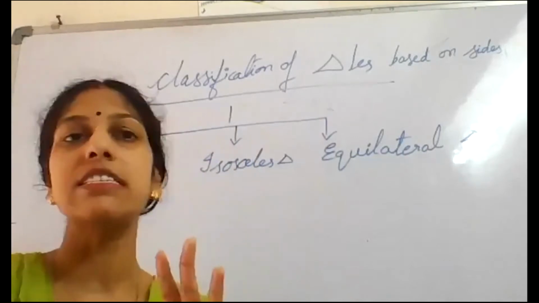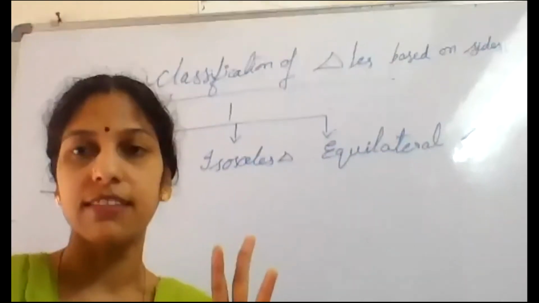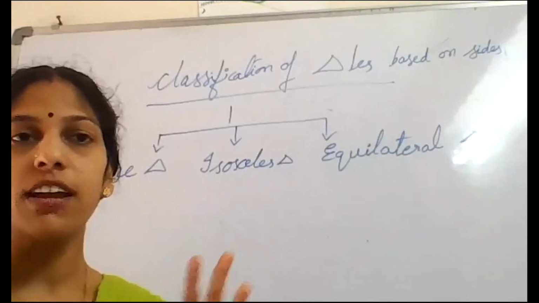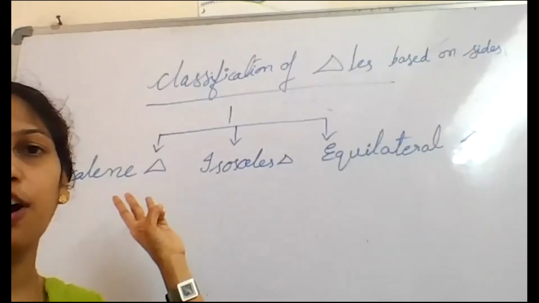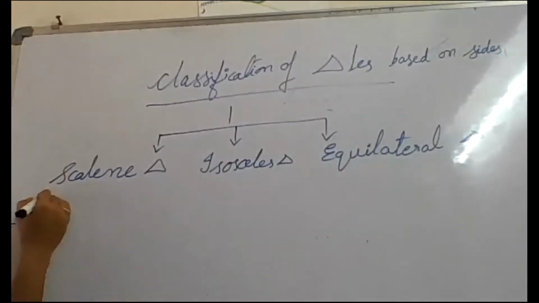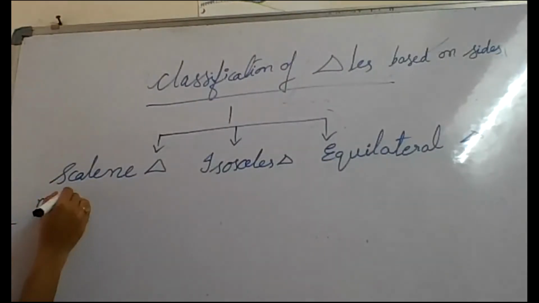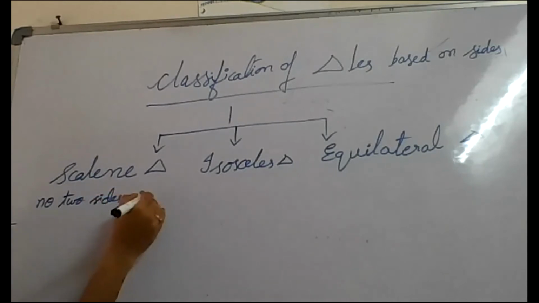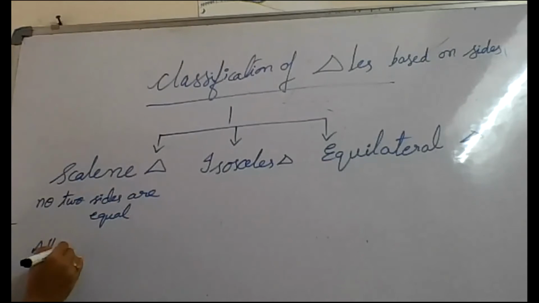That means all the three sides are of different lengths. Ma'am, all sides are different size. Different length. Okay. Such a triangle is called a scalene triangle. No two sides are equal. That means all are of different length.